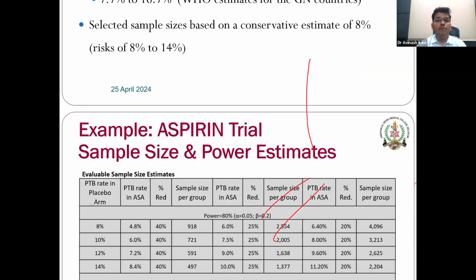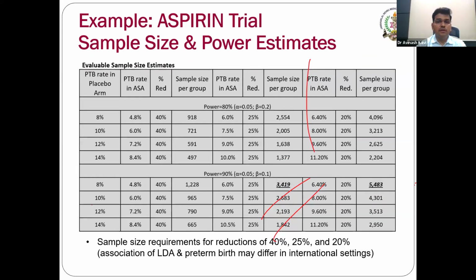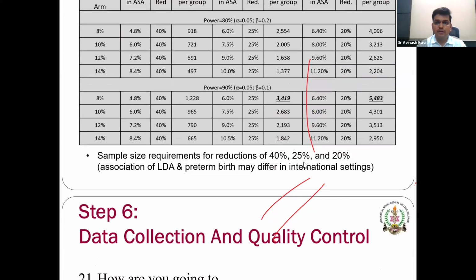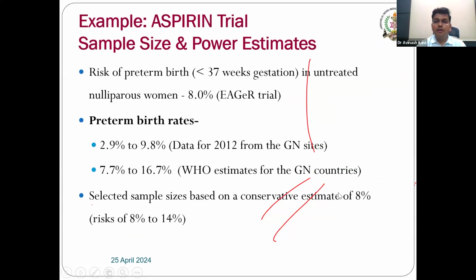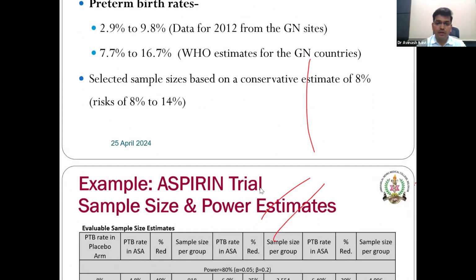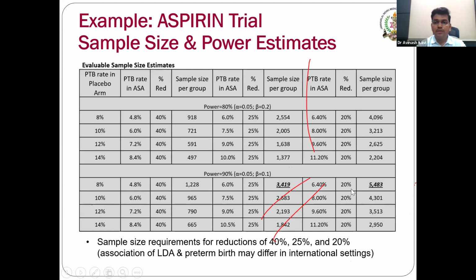Based on that, for each of the rates, we calculated for a power of 80% and a power of 90%. So considering 8%, we finalized a sample size of 3,400 per group if it is a 25% reduction, that is the effect size. If it is a 20% reduction, 5,800 was the sample size required. So finally, we selected and went on with 5,483.